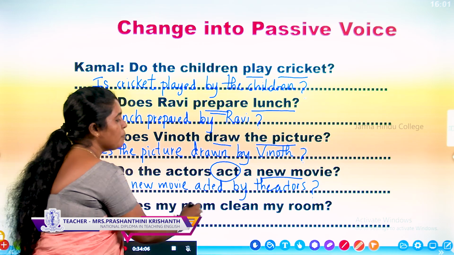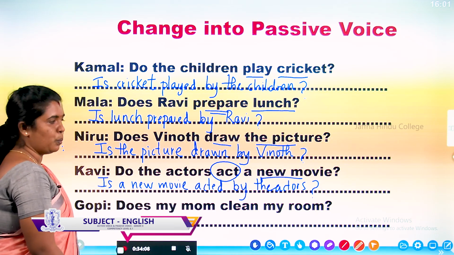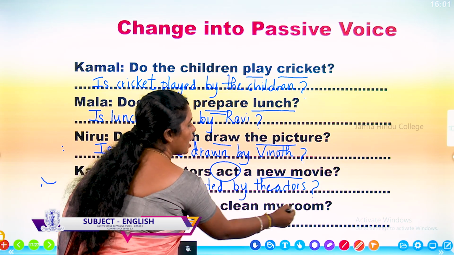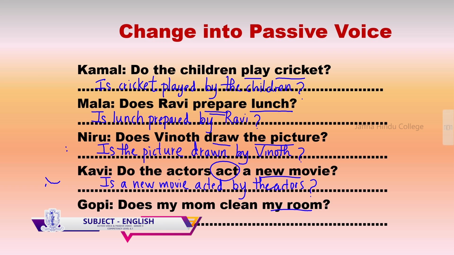The last question. Does my mom clean my room? So the object is my room. So the helping verb is, my room, past participle form of the verb, cleaned, by my mom.